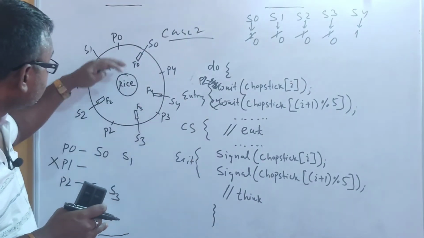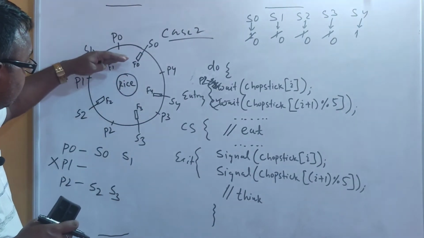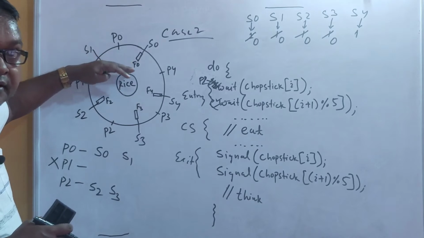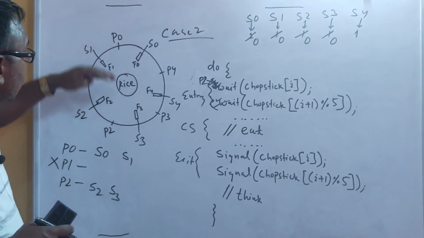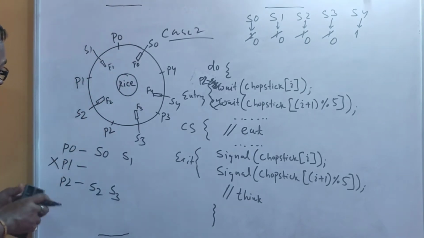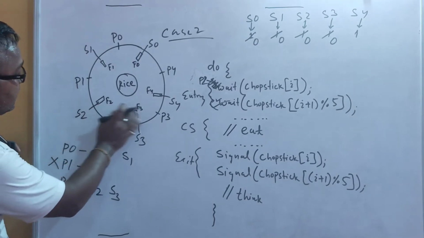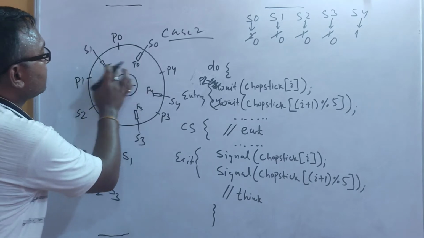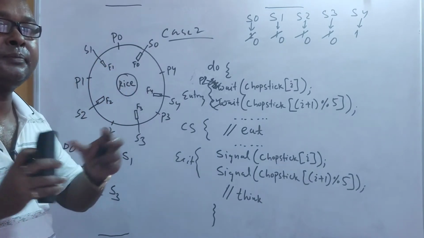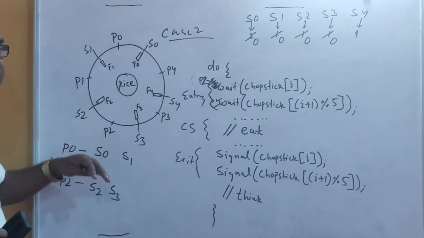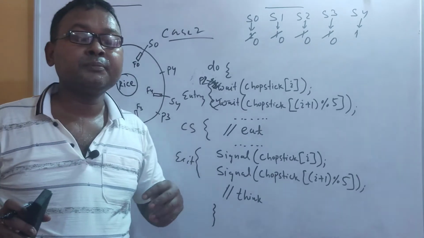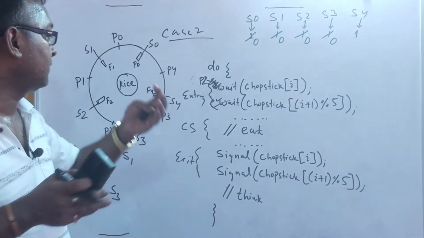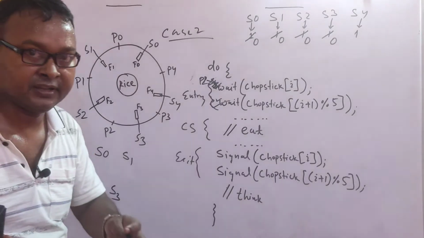Here the collision cannot happen because they are independent of each other. Do you understand? P2 requires forks F2 and F3. P0 requires forks F0 and F1. So no collision. They are independent of each other. So in this situation, even though mutual exclusion is not achieved, process synchronization is happening.